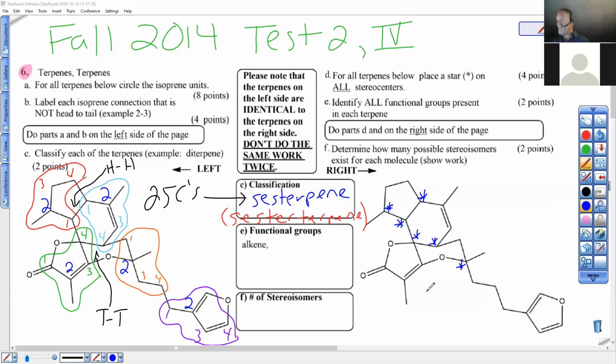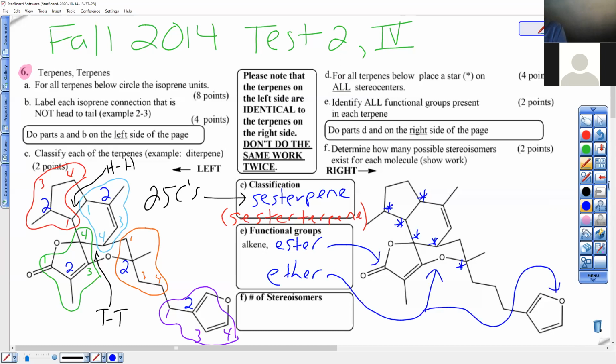All right, functional groups, we have an ester. We have an ether, both here and here. And I think that's it for functional groups.